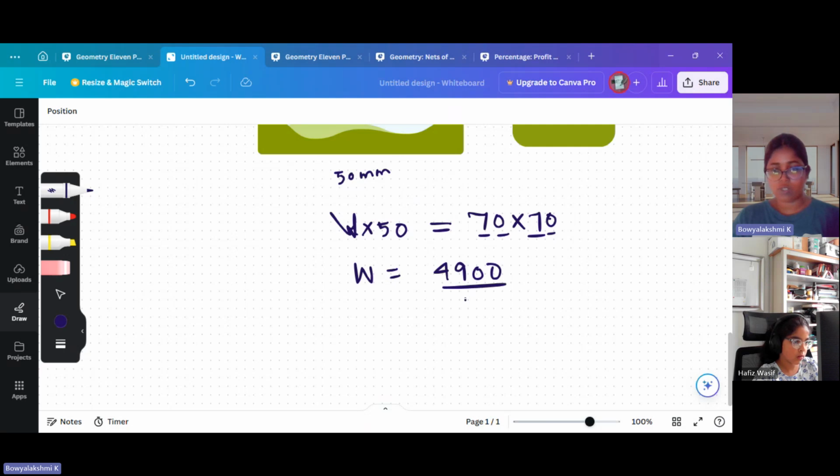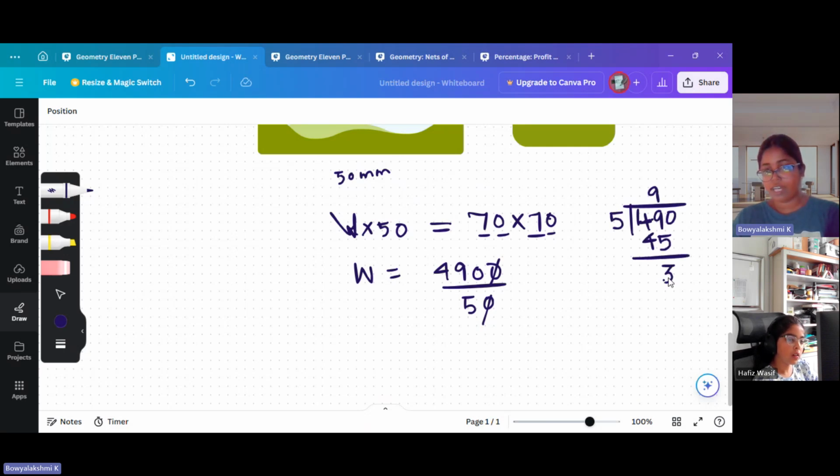And 50 will go to the denominator. Cancel the zeros. 490 by 5, we need to divide. 490 divided by 5. 9 times 5 is 45. 3 and 0. 5 times 6 is 30. And that's it. This is 0, right? And the quotient is the answer, 96.